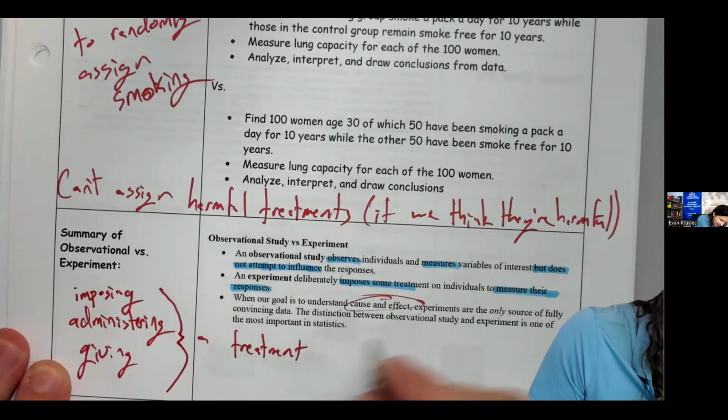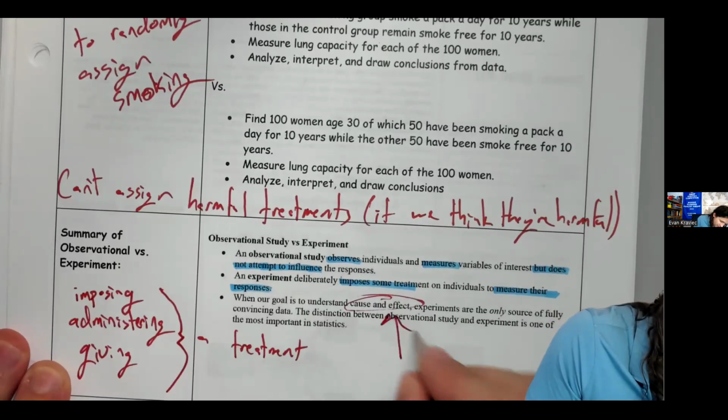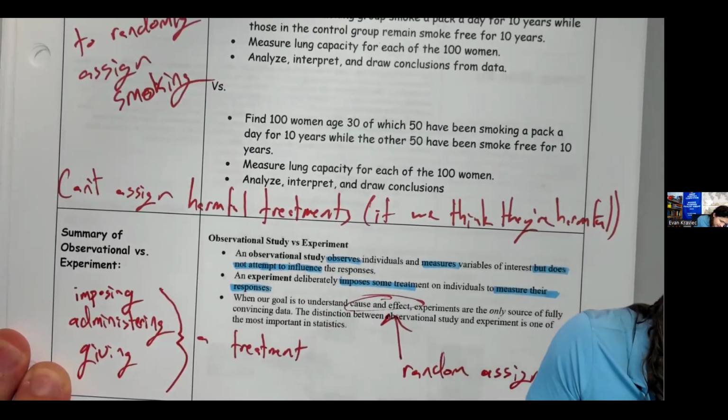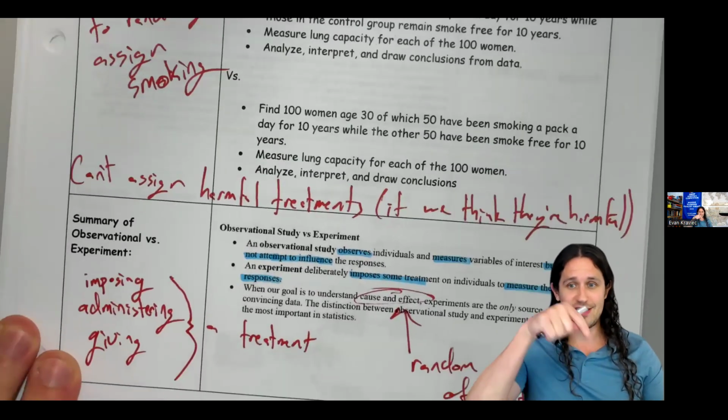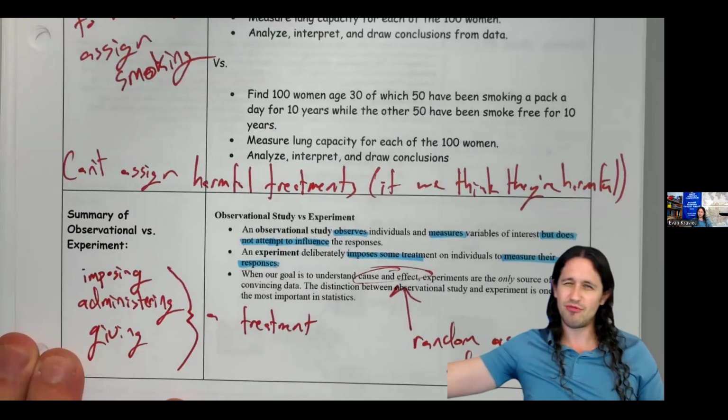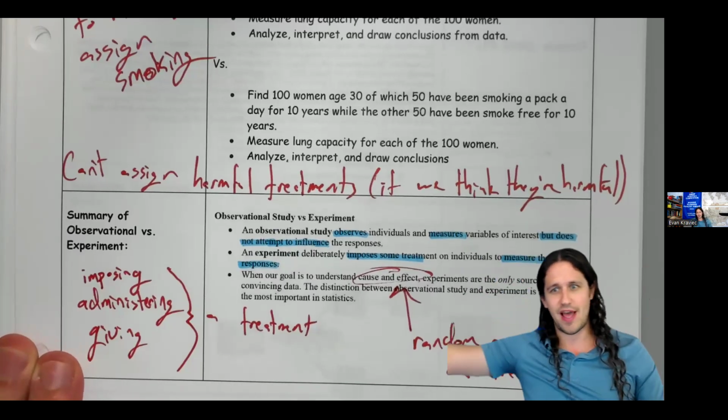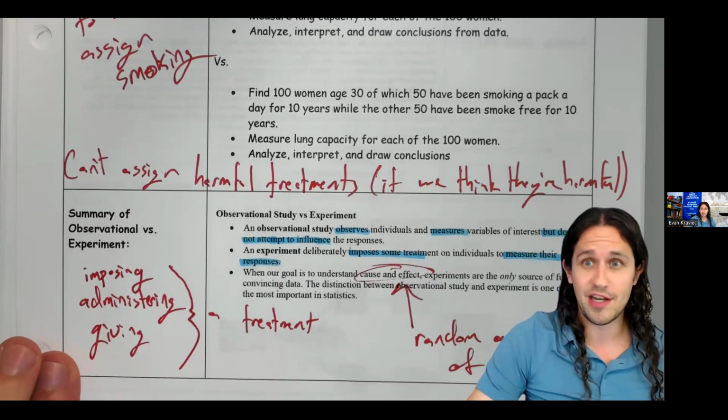We've got to have that random assignment of treatments. We're going to talk about cause and effect. What does that mean? We can say that this thing causes that thing. How can we say that this thing causes that thing? Random assignment helps us get there.